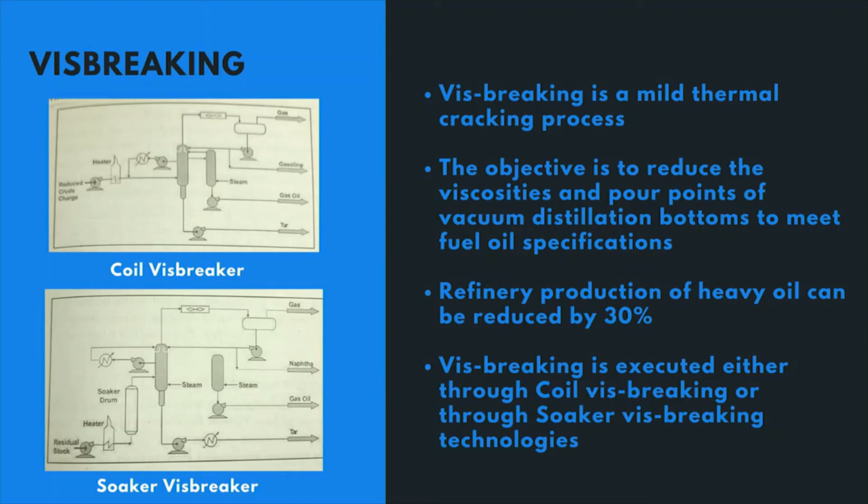Actually, after atmospheric distillation, the atmospheric distillation bottom is taken to another distillation column known as the vacuum distillation unit, because if the residue is distilled at atmospheric pressure, it is going to decompose and finally coking will happen.